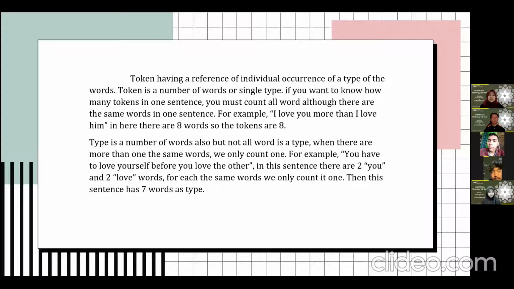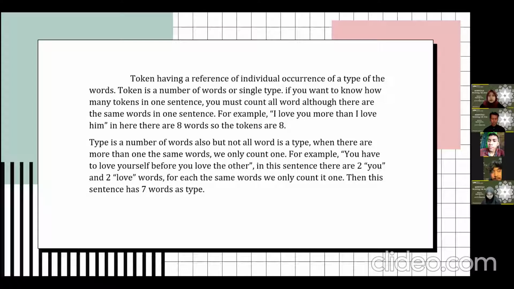I think this is the easiest theory that we can learn. So, for example, as it is written, I love you more than I love him. It has 8 words. Then this sentence has 8 tokens. And then what does it mean by words as type? It has a little different meaning.